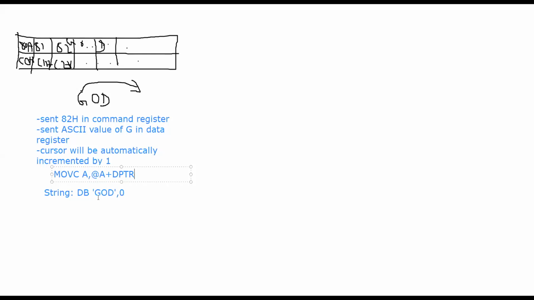Firstly, you will put the address of G in DPTR. DPTR will first point to the location of G. Then I will increment it one by one, but before that I have to initialize A equal to 0, and this value you put in your lookup table.